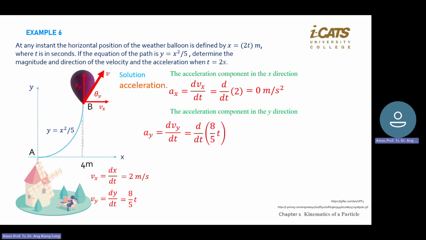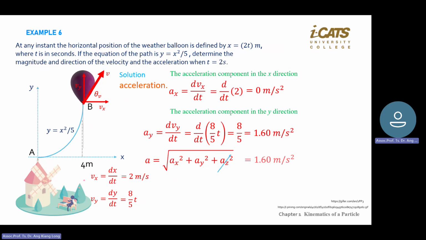Ay, you have 8/5 t. You differentiate with respect to t, you get 8/5. The unit is meter per second squared. Magnitude, don't stop here. Always find the magnitude, which is the square root of the squares of your x and y components. You get 1.6. Direction. Where's the a direction? Okay, direction you can find with the tangent, which is 90 degrees.